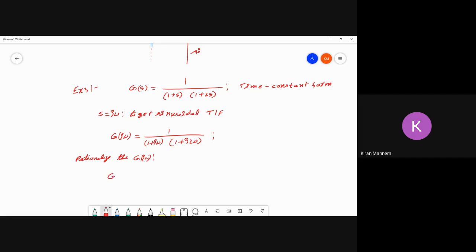So it will be G(j omega) = (1 - j omega)(1 - j2 omega) / ((1 + j omega)(1 + j2 omega)(1 - j omega)(1 - j2 omega)).